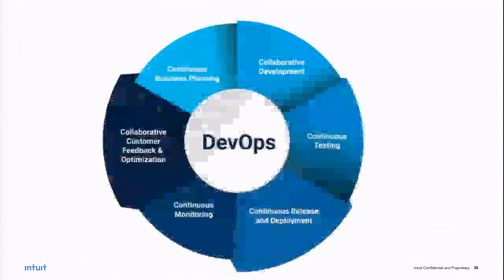For that, we have something called DevOps. DevOps is developer plus operations, right? It's a relatively new concept where we do things continuously, starting from planning and collaborative development. We get the requirement, make a thin sliver, and end to end develop a small minimum viable product and release it.